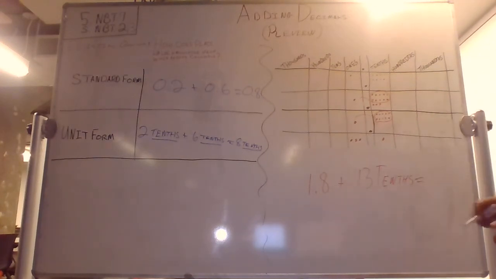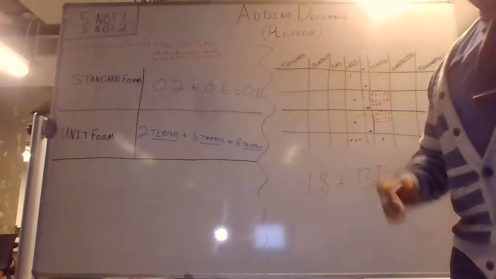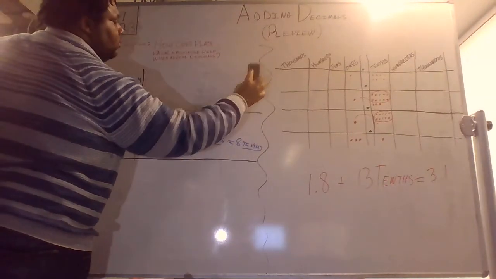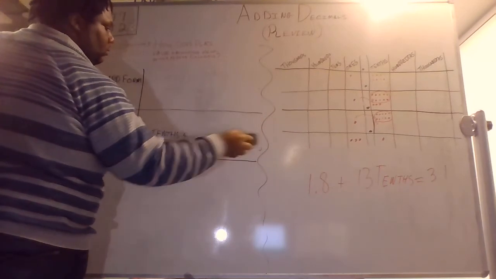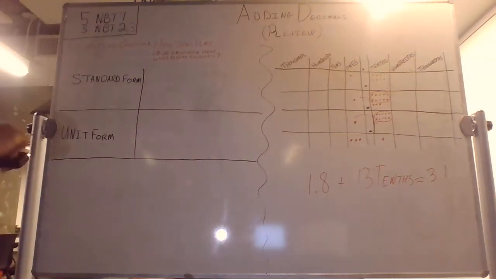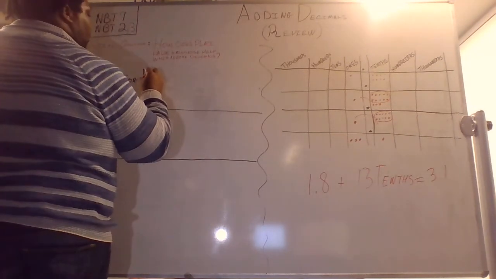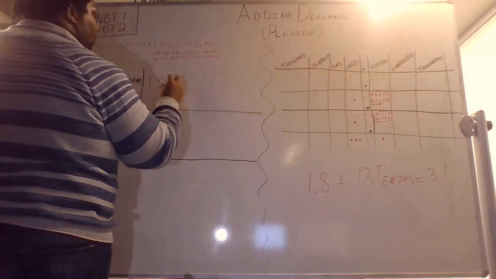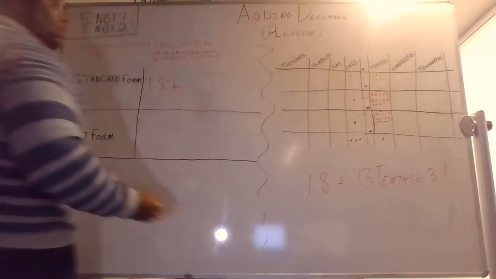So 1 and 8 tenths plus 13 tenths equals, that's right, 3 and 1 tenth. Right? So let's write the whole thing over again in standard form. Now, the 13 tenths is going to look different.